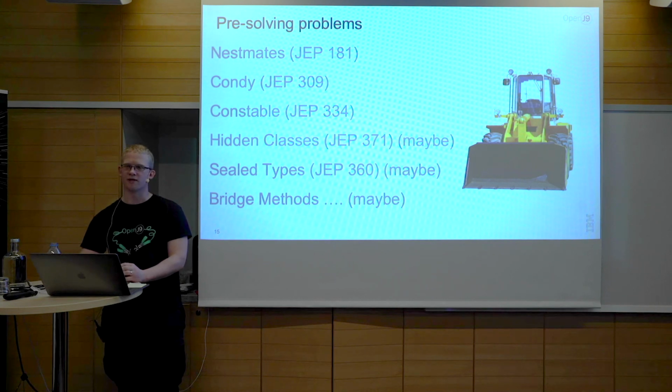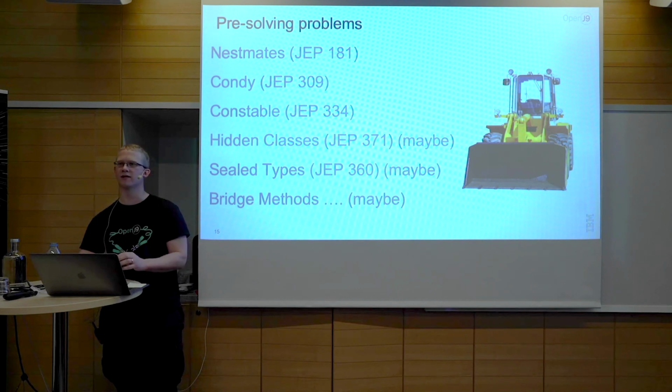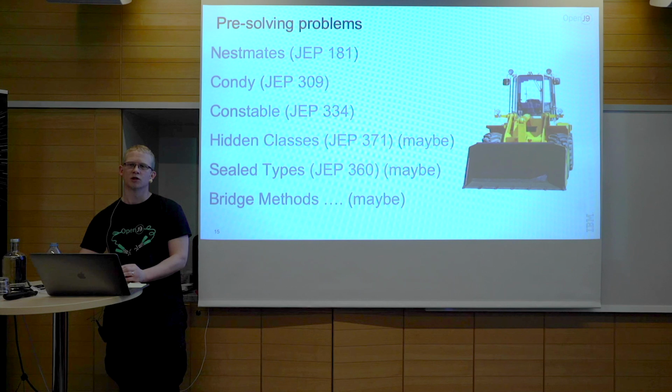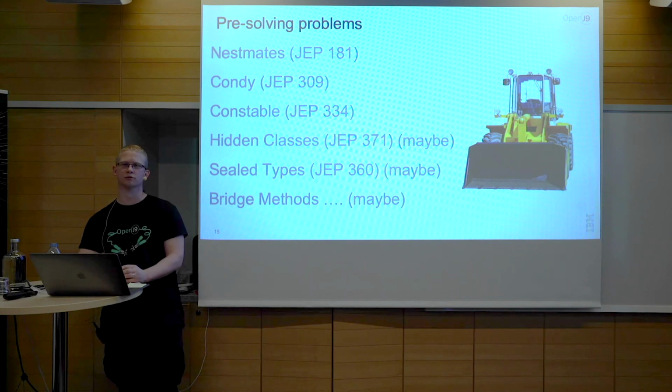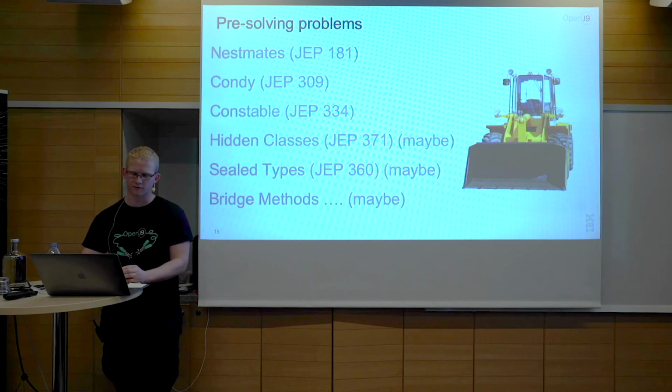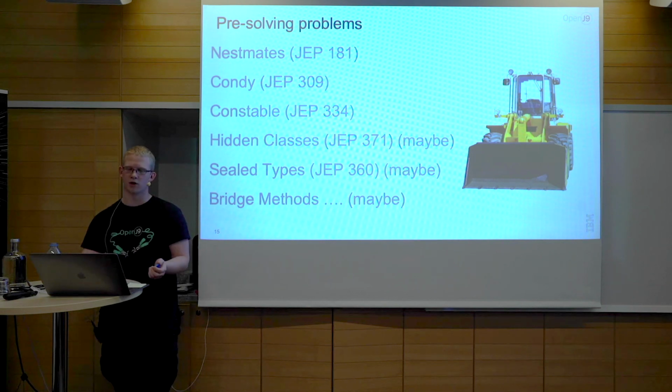So we fed nestmates in to allow access between things that are compiled together or in the same nest, and that will help solve some of those private access problems. We fed in condy, which gives us constant dynamic, which allows us to compute properties about a class at runtime using dynamic information and store it in the constant pool, which is a good route for the JIT to optimize based off of. Constable to make it easier to spin bytecodes and to talk about constants.